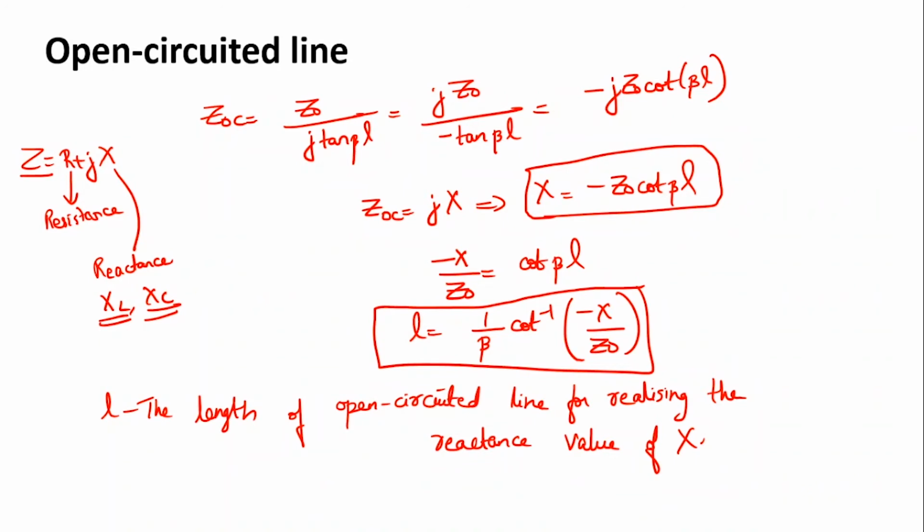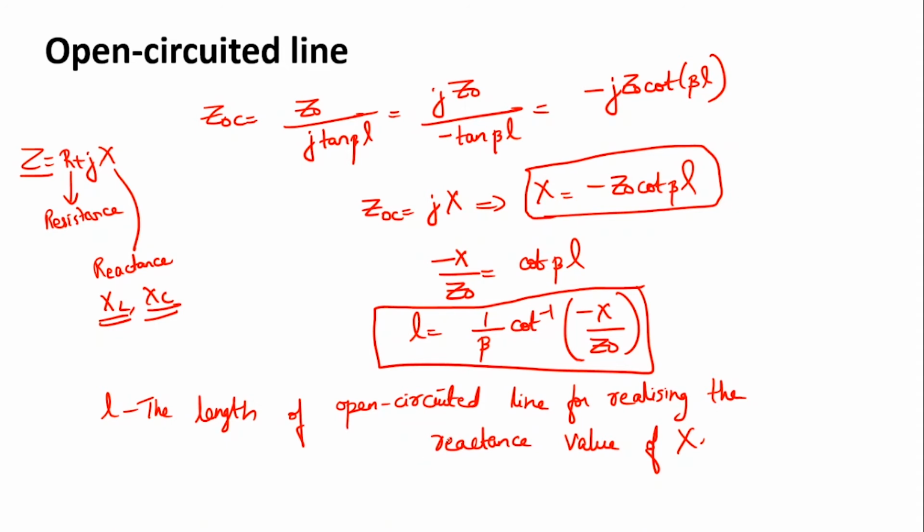Short circuited line can be considered equivalent to an inductor with inductance value L into L, and open circuited line can be considered as a capacitor with capacitance value C into L. In both cases, L and C are inductor and capacitor values per unit length. So you have to multiply with the corresponding length of the transmission line.